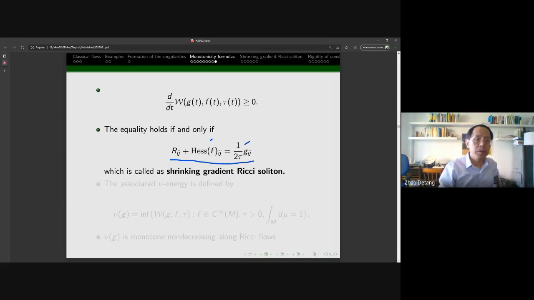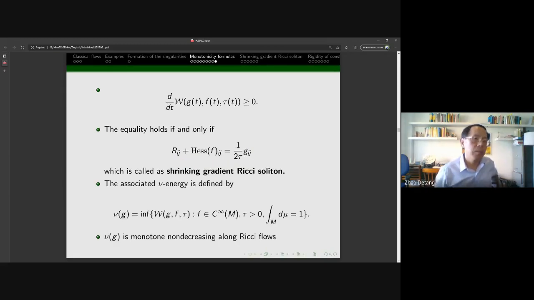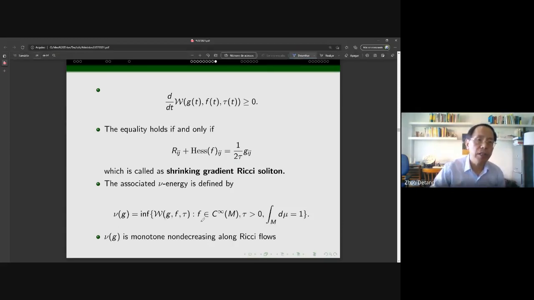Perelman also defined the nu energy. If you fix a metric, you take the infimum of W over the space of functions f and tau positive. Then this number is also non-decreasing along Ricci flow.